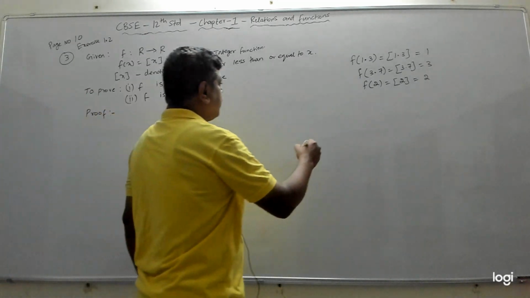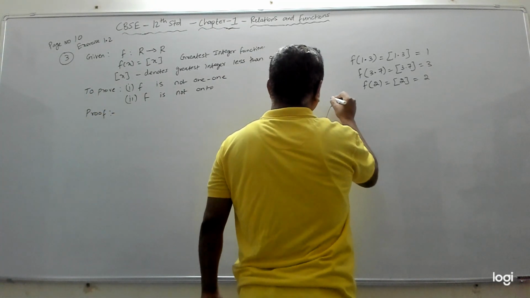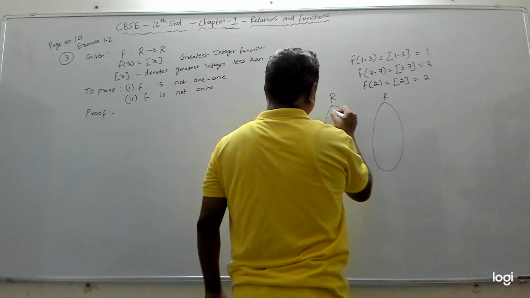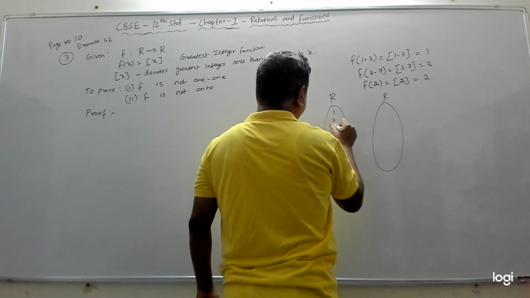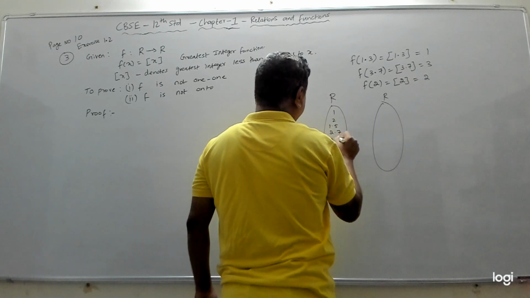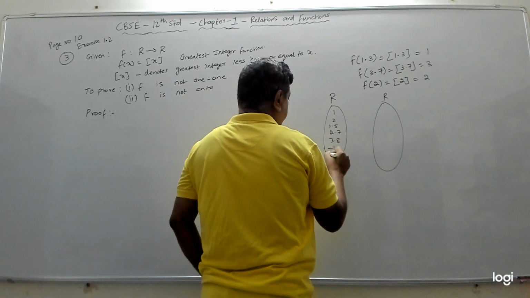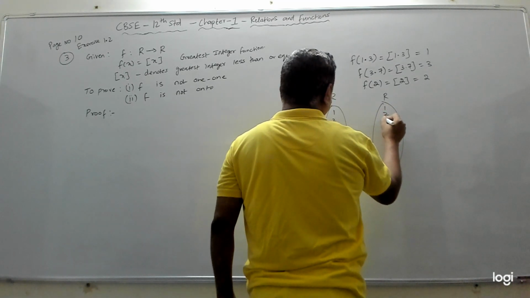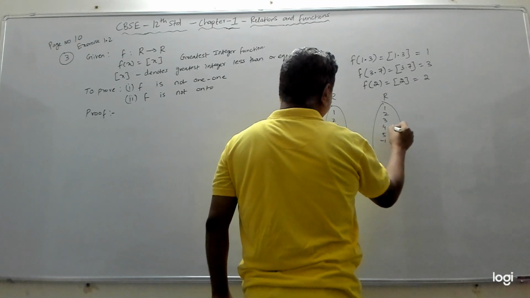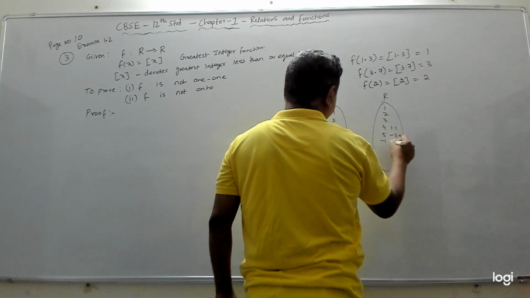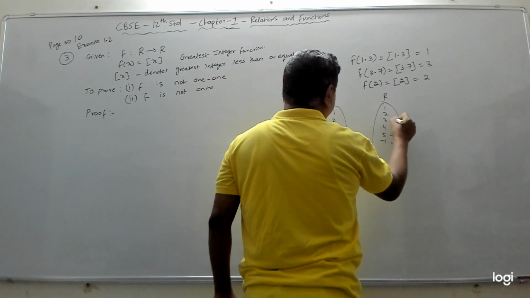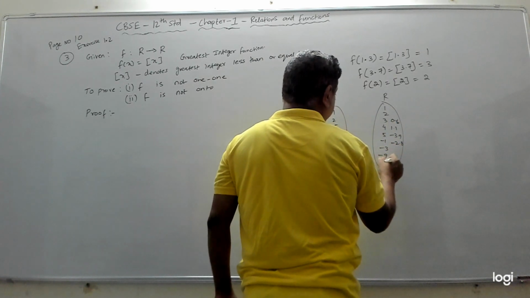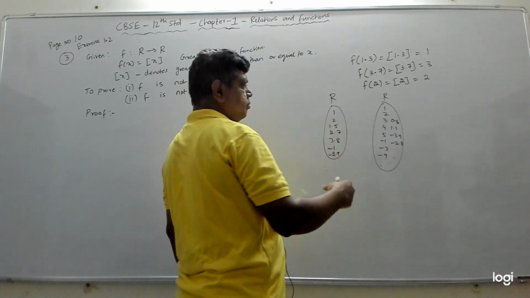See, if you try to understand the function, this is R to R. Suppose I have 1, 2, 1.5, 2.7, 3.8, minus 1, minus 2.9, and all that. Here you have 1, 2, 3, 4, 5, minus 1, 1.1, minus 3.9, minus 2.8, 0.6, and all the real numbers.